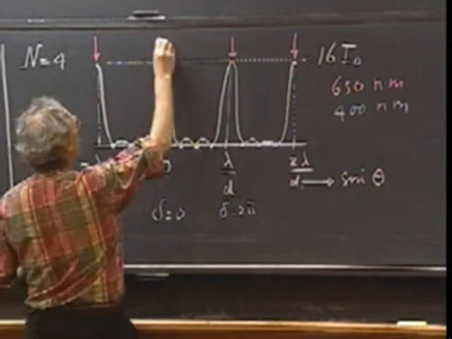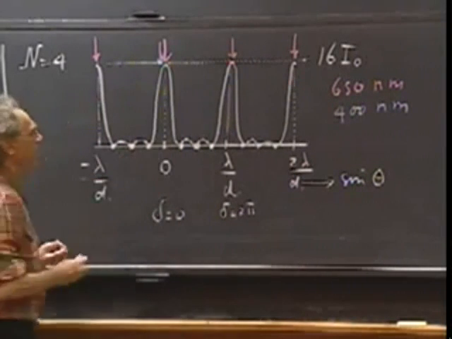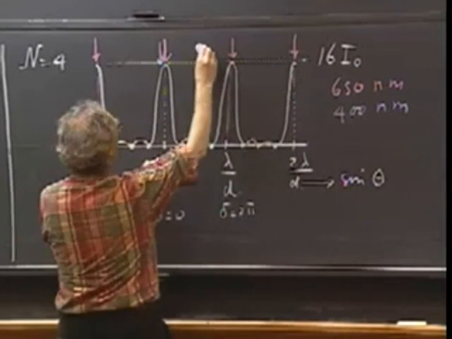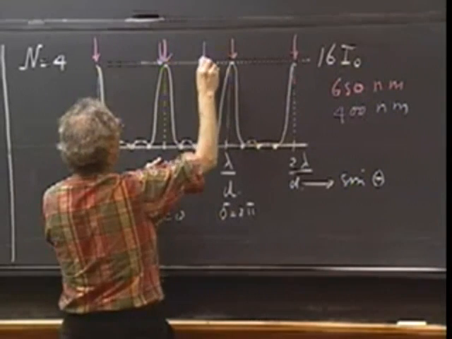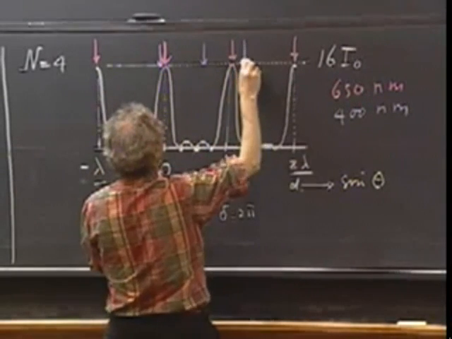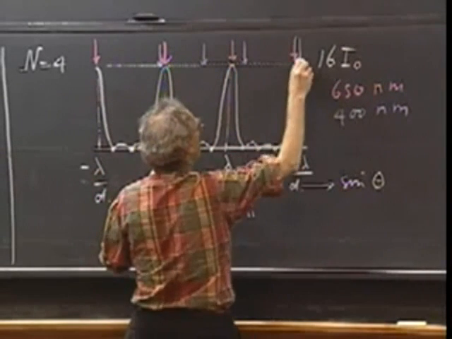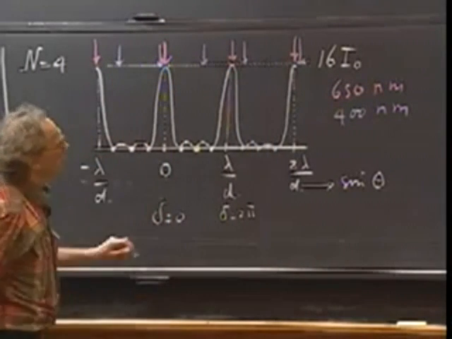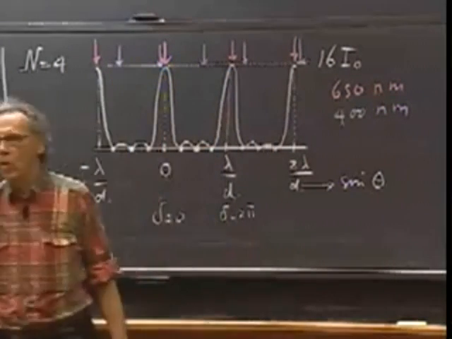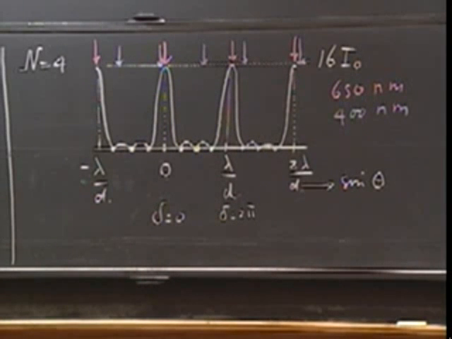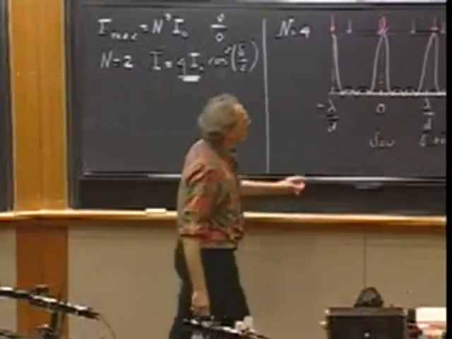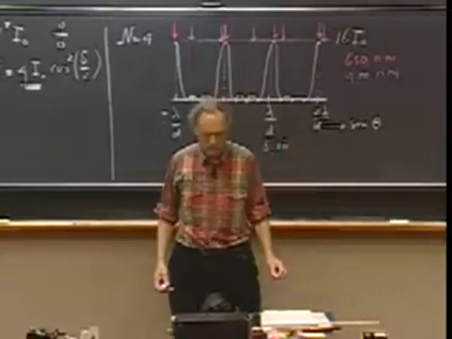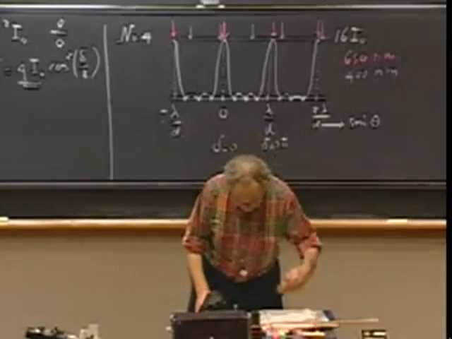Here at 0, it would always have the same location, its maximum, but the wavelength is shorter for violet, so here would be the maximum for violet, here would be the maximum for violet, and roughly here would be the maximum for violet, and roughly here. The reason why the red and the violet there almost coincide, I mentioned that also last time for the double slit interference, is that 2 times 650 is roughly 3 times 400. So they live a life of their own.